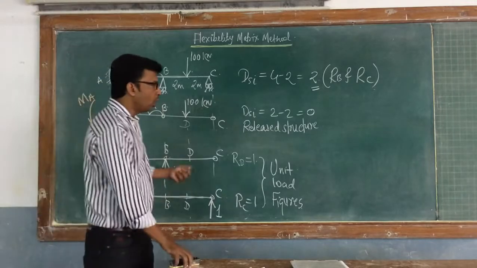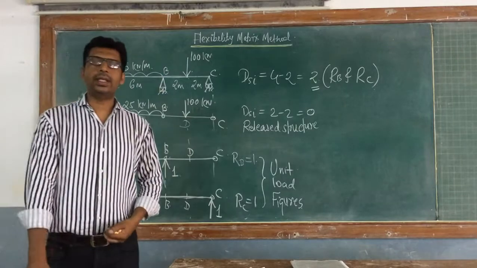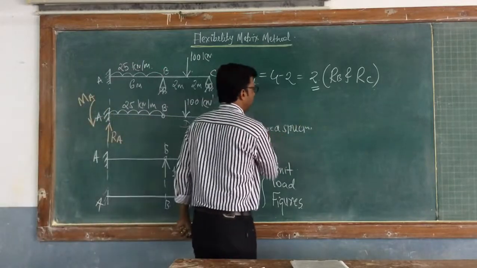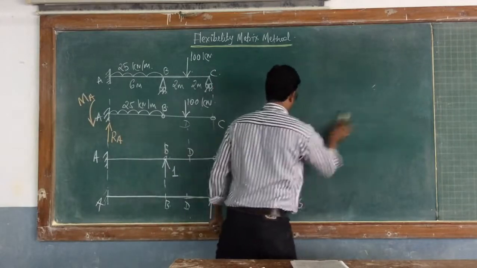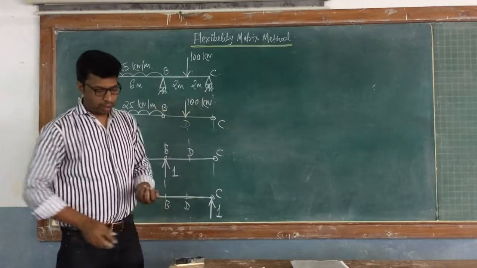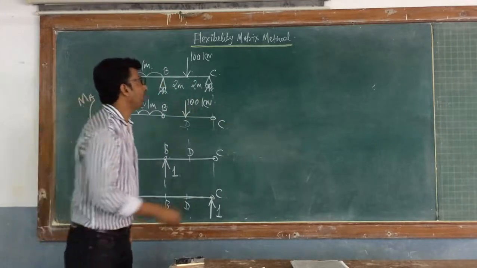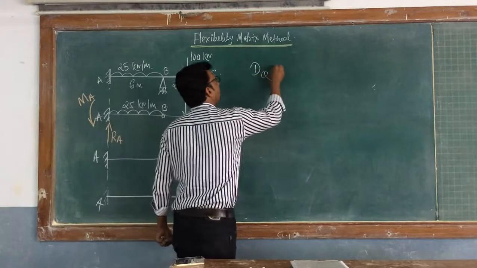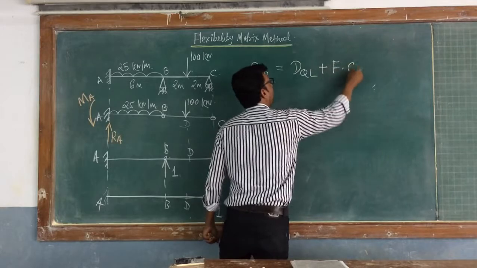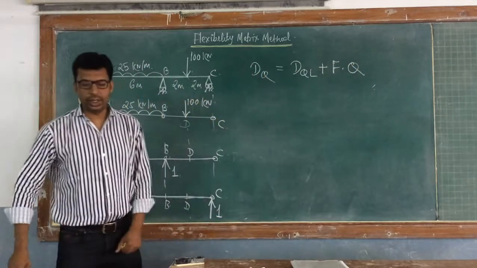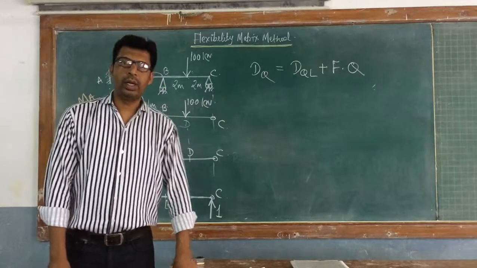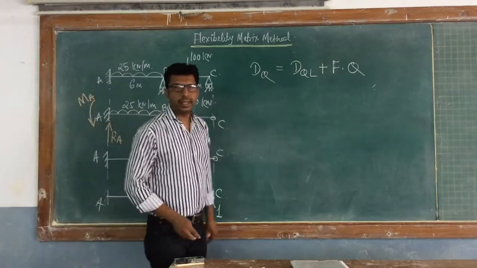Okay. Now once you draw this, the next is we have to apply the compatibility condition. Now, what is the compatibility condition? The compatibility condition is Dq is equal to DQL plus F into Q. Okay, all are matrices.